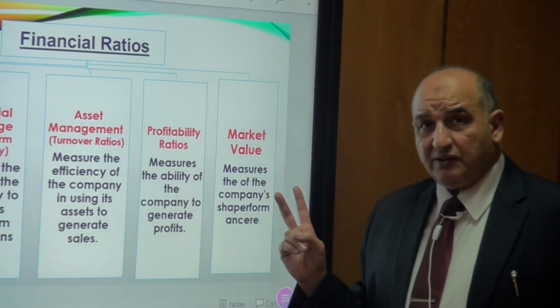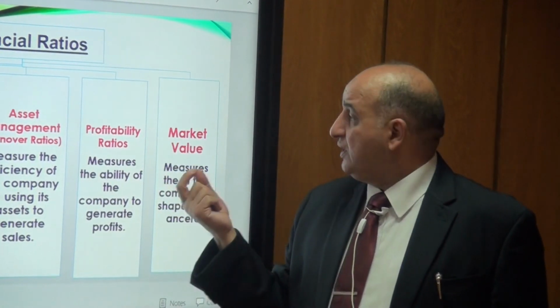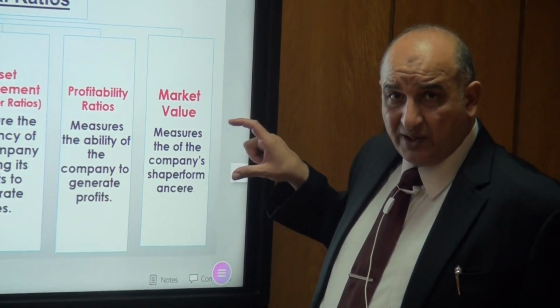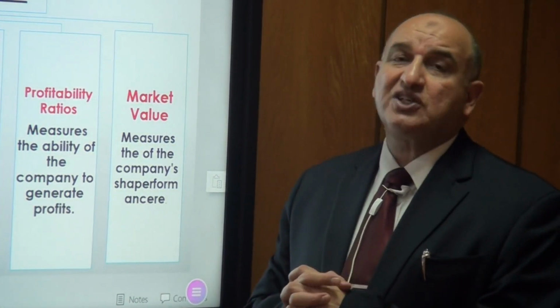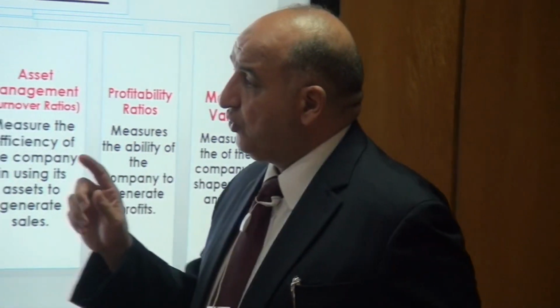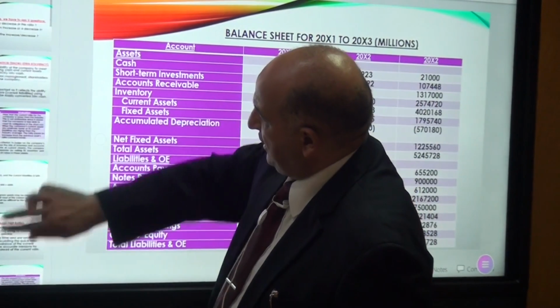Today, inshallah, we will finish together the profitability ratios and the market value. This group, the last one, is only for companies listed on the stock market. So please concentrate highly today for the profitability ratios.